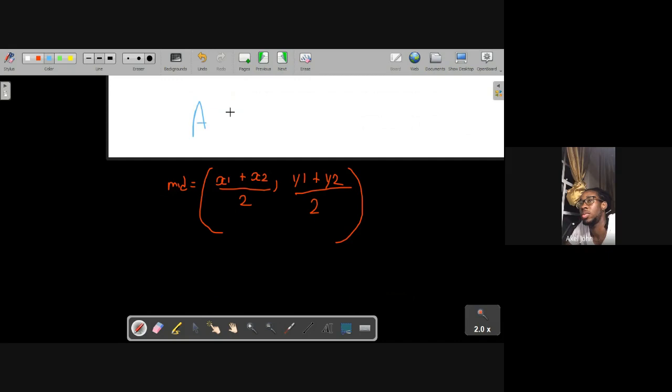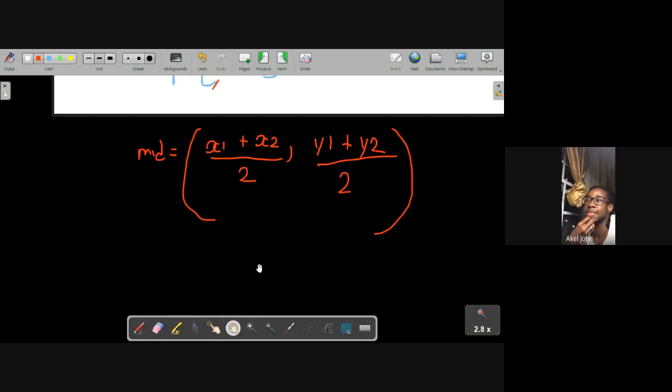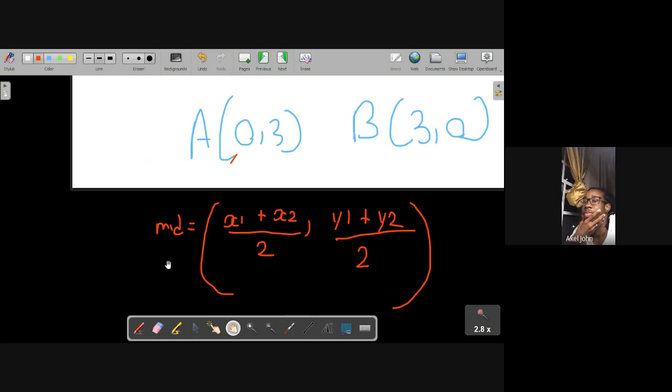So A was (0, 3), and B was (3, 0). You label your points: x1, y1, x2, and y2.